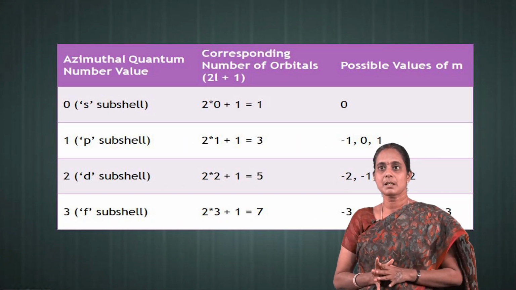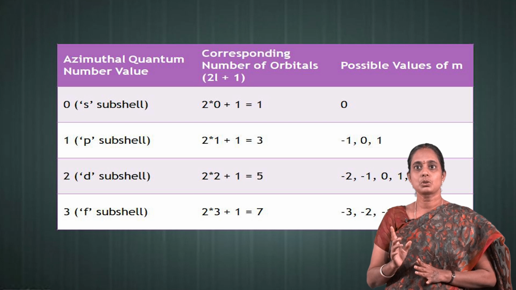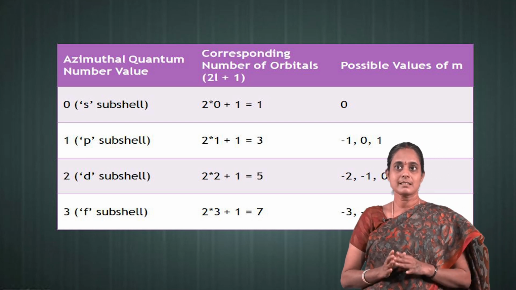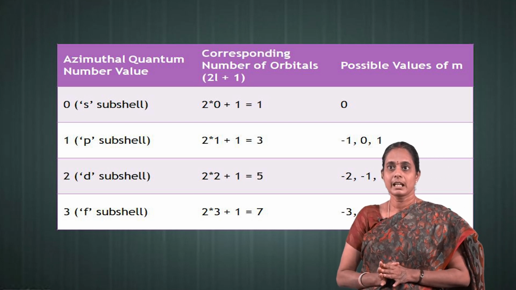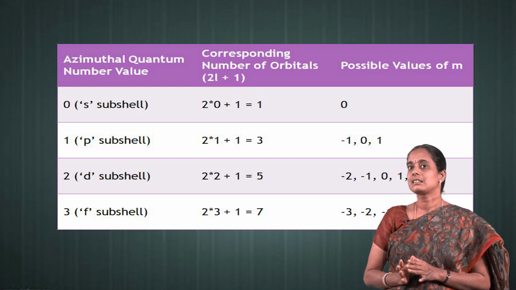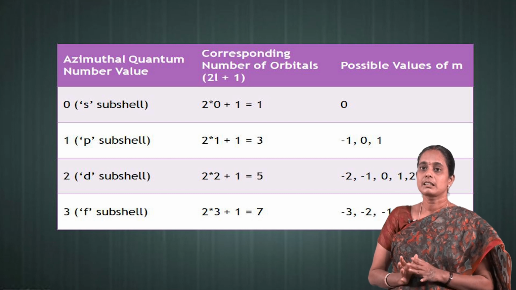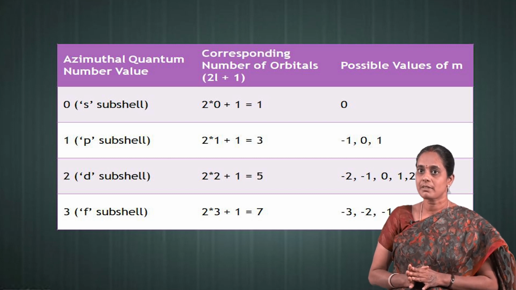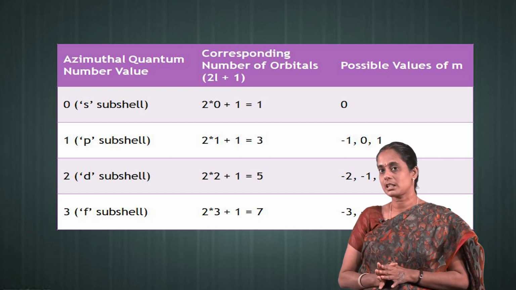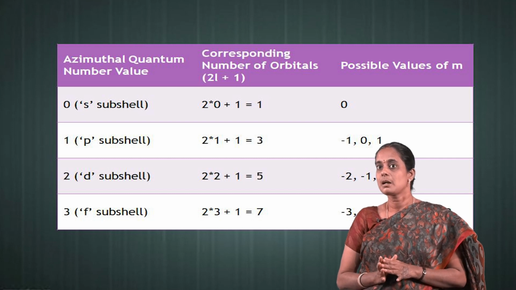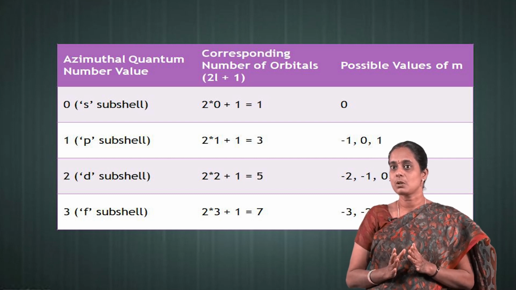The p subshell, l equal to 1, comprises 3 orbitals, also known as 3 dumbbell shaped clouds. Hence the magnetic quantum number of the electron in the p subshell should be either -1, 0 or +1.